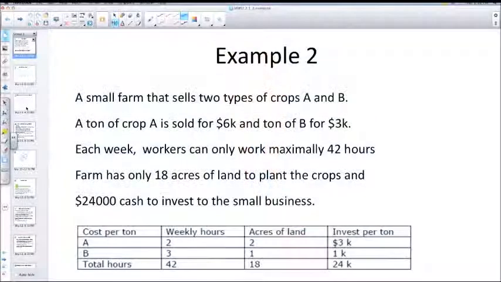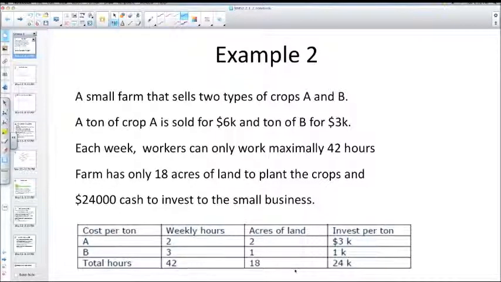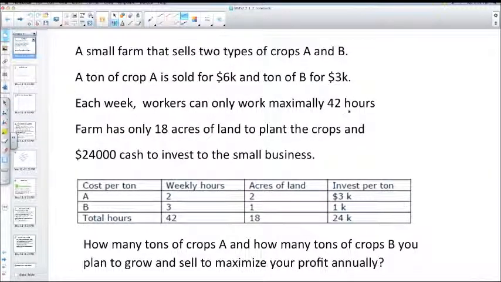A small farm sells 2 types of crops, A and B. The profit of crop A is $6,000 per ton, and B is $3,000 per ton. The constraints are the labor hours, the acres of land, and the total cash to invest in the small business.